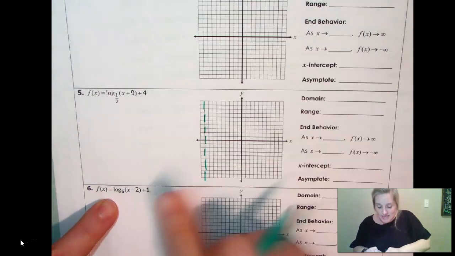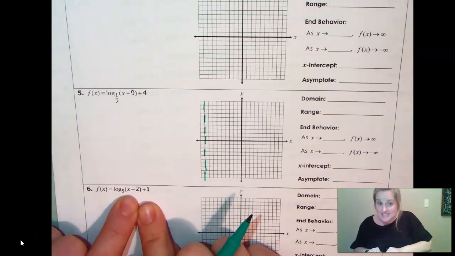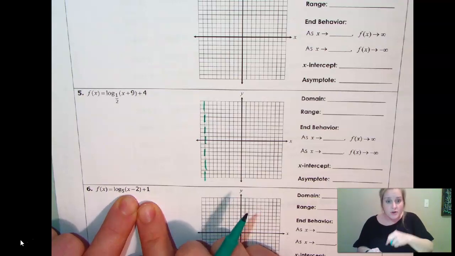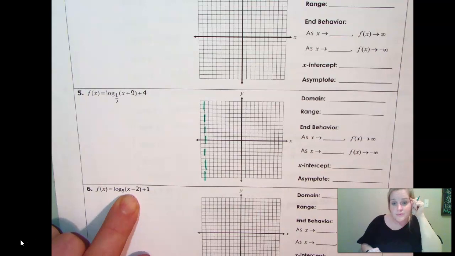The one at the bottom of the page, this one is a negative 2 inside the parentheses, so that's my horizontal shift. So, since that's my horizontal shift, which direction am I going? I'm going to the right. That's correct. Going to the right. How many units? 2. Very good.